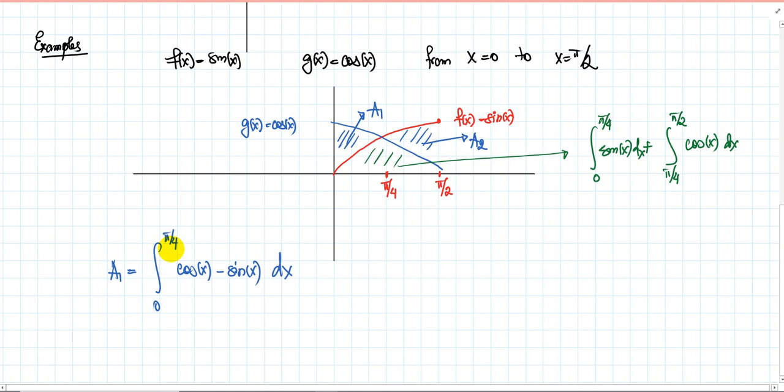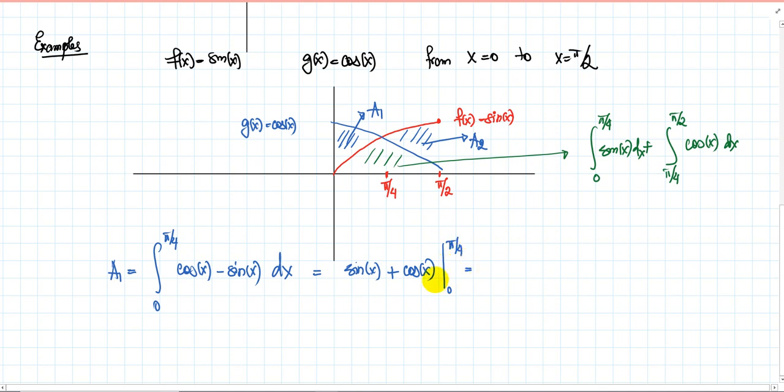The rest is a technical question. The antiderivative of the cosine is sine of x. The antiderivative of minus sine is plus cosine of x. We need to evaluate this from 0 until pi over 4.